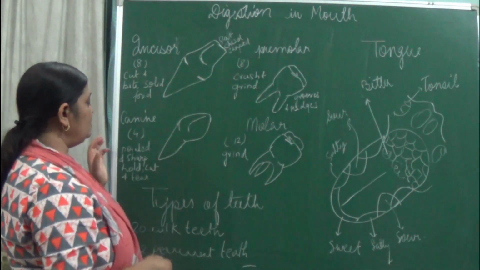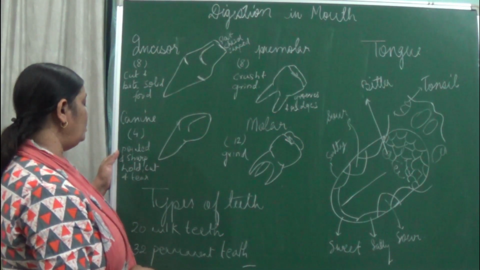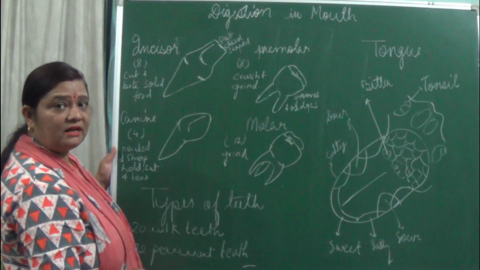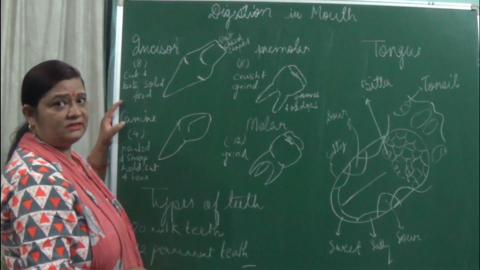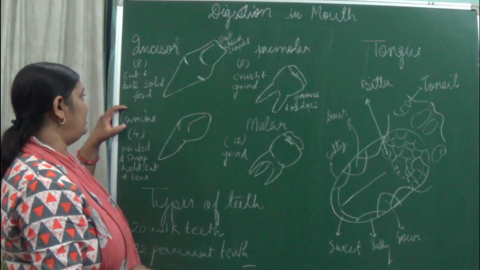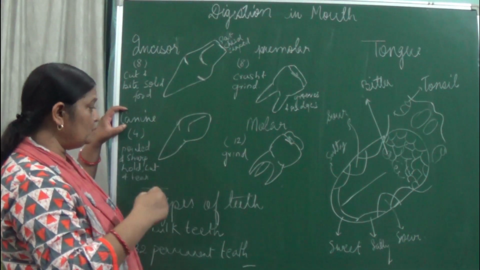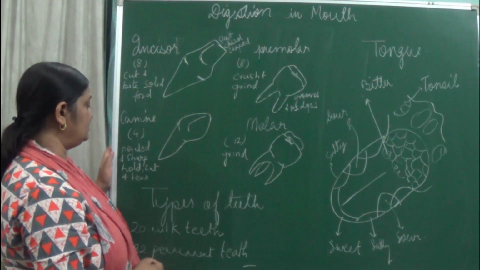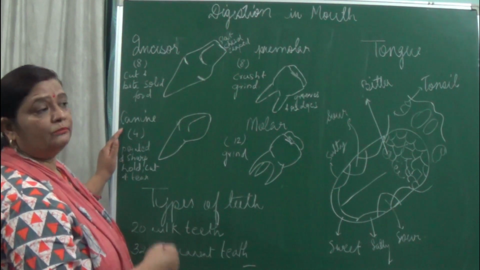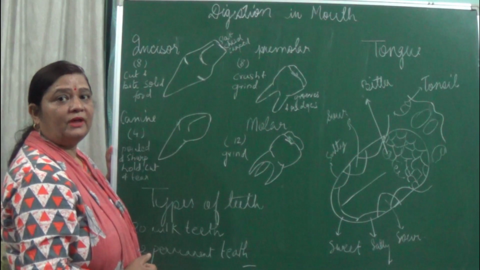Since it is pointed and sharp, its function is to hold, cut and tear the food. Canines are seen in a refined form in carnivorous animals, because they eat flesh, so their canines are much more modified and specialised than the others.